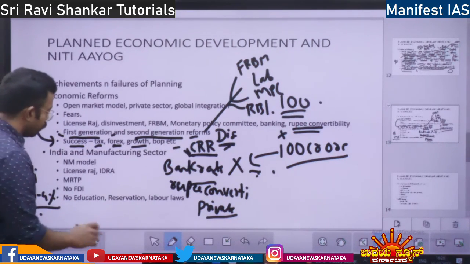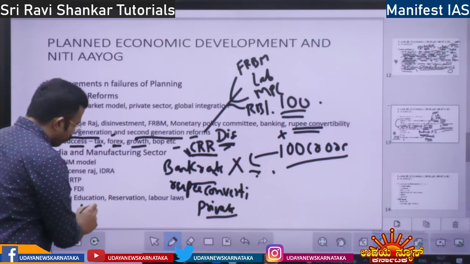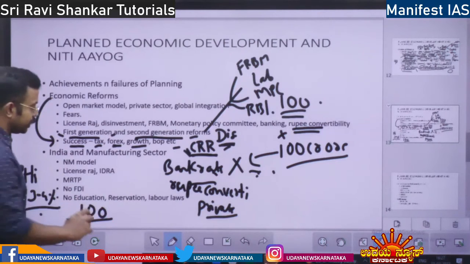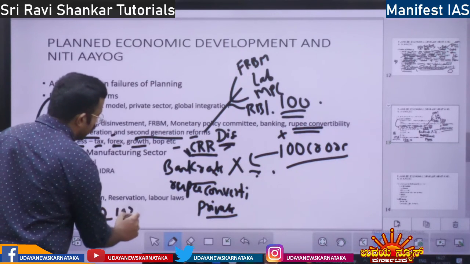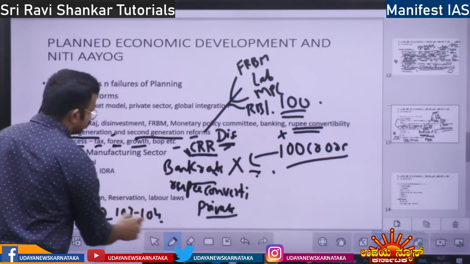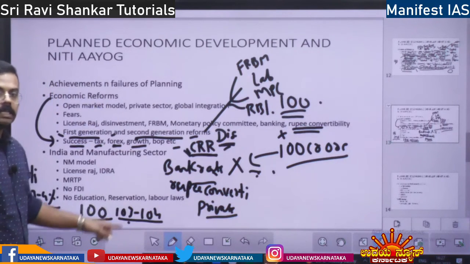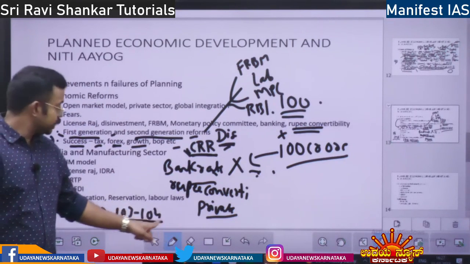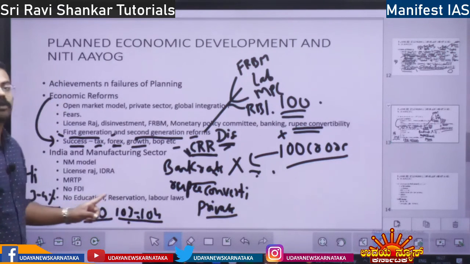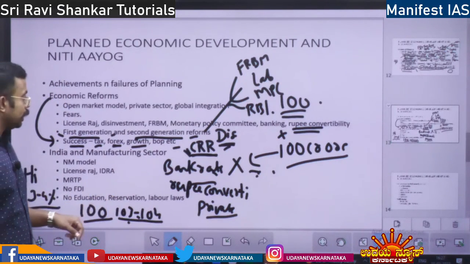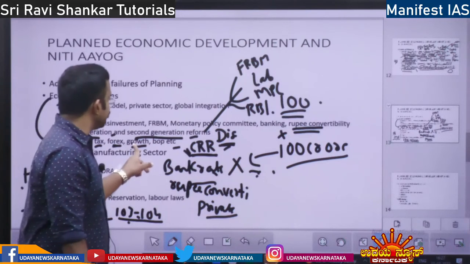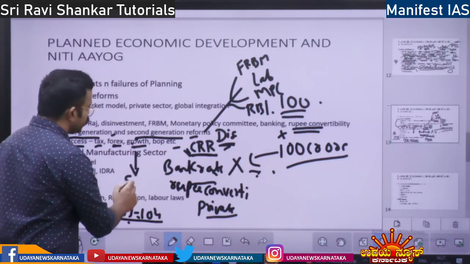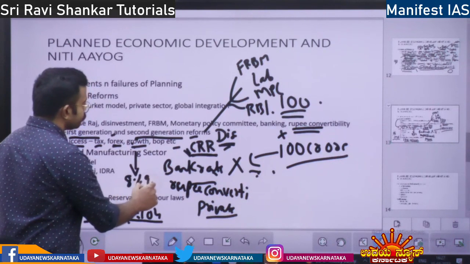That means if the economy manufactures 100 rupees of products this year, next year it manufactures 103 to 104 rupees of products. This is neither too less nor too more. This is called the Hindu rate of growth. Very important. So growth increases. Suddenly after reforms we touch 8 to 9% growth.